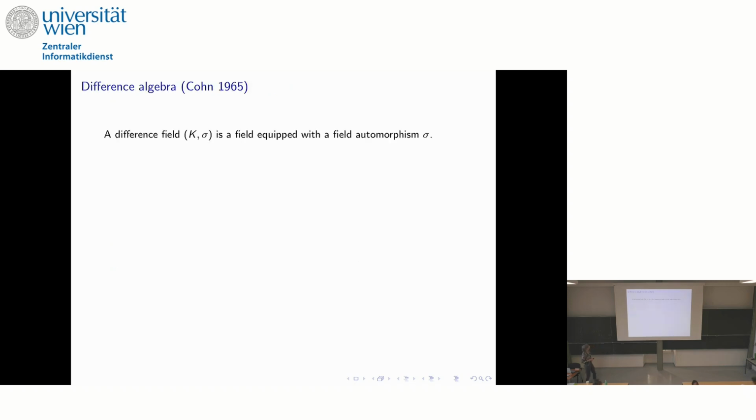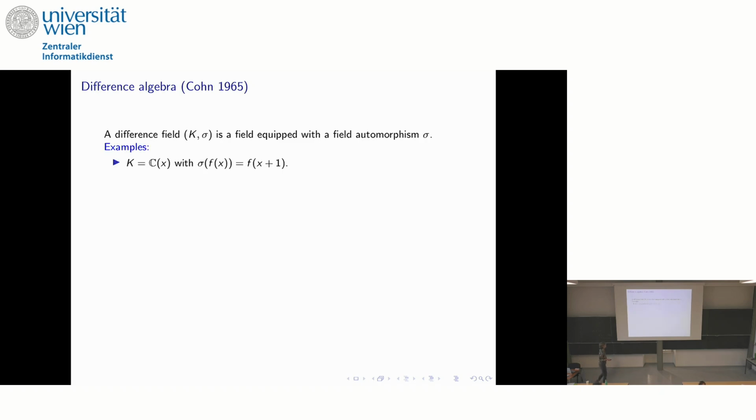Okay, so first I need to introduce some terminology, coming from Cohn, of difference algebra. A difference field is just a pair made by a field K and a field endomorphism sigma.